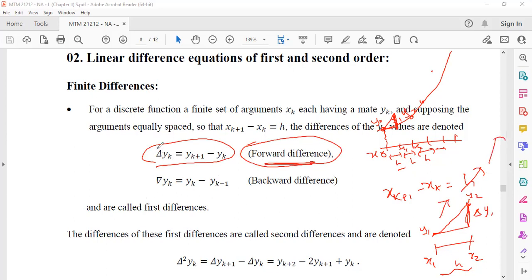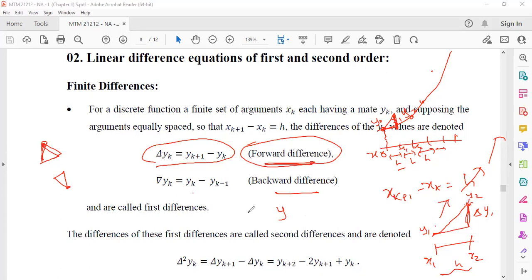But see the notation also. We use the forward difference, this delta, okay? If this point is here, we call it forward. If this point is here, we call it backward.